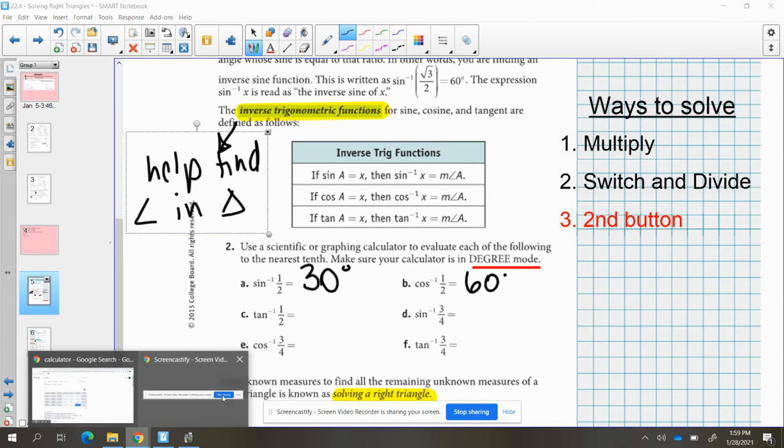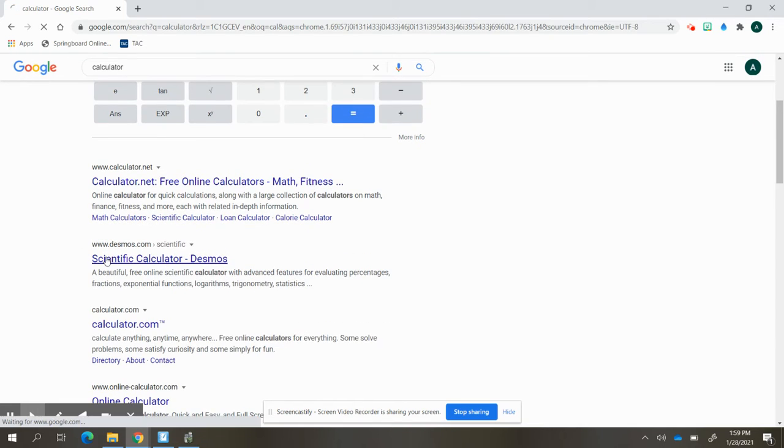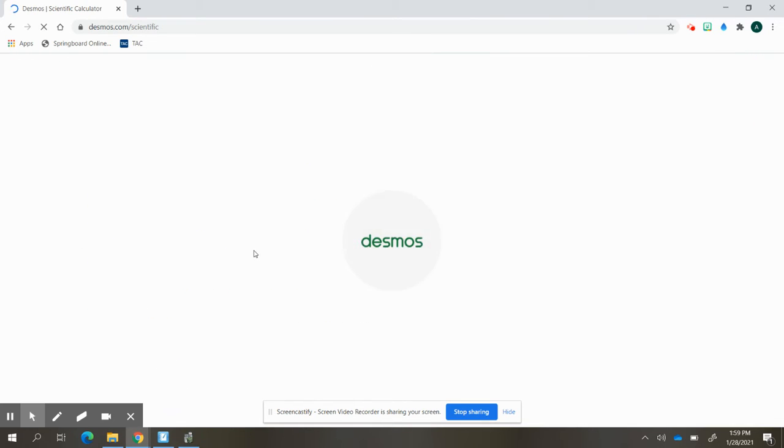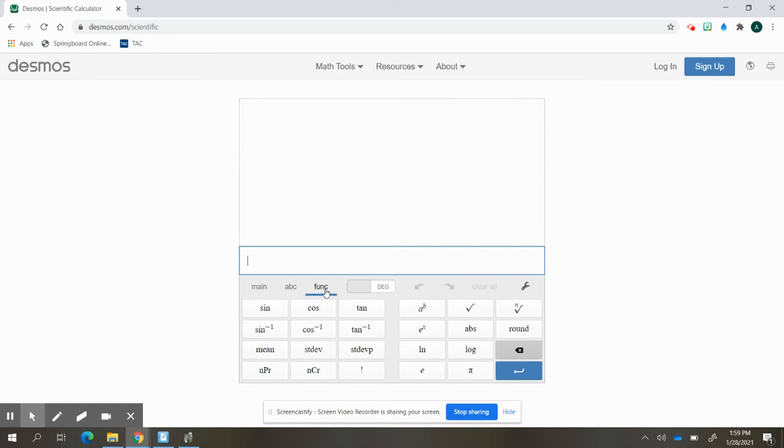Another popular calculator you might be using is the decimals calculator. And to make sure that you are doing the inverse on that, again, we are in degrees. And in order to do the inverse on this one, we would need to look at the function key. And for part C, it's tan inverse of 1/2. You get about 26.6.